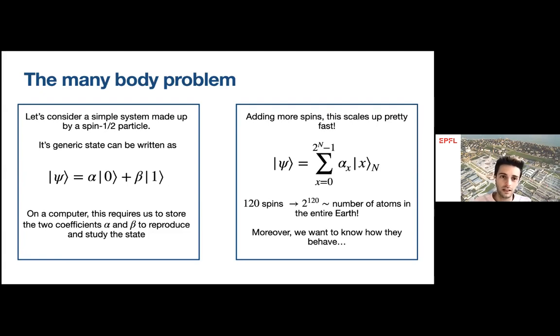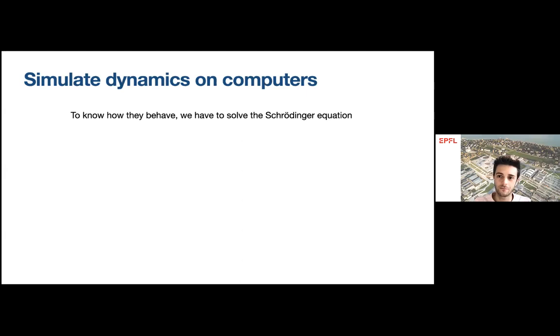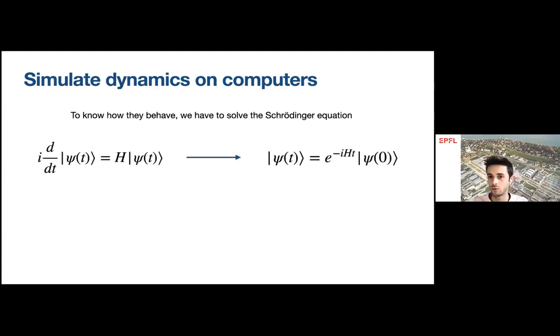But quantum computers have also been proposed to do this. Why? Well, basically because to know how quantum many-body systems behave, we have to solve the Schrödinger equation.